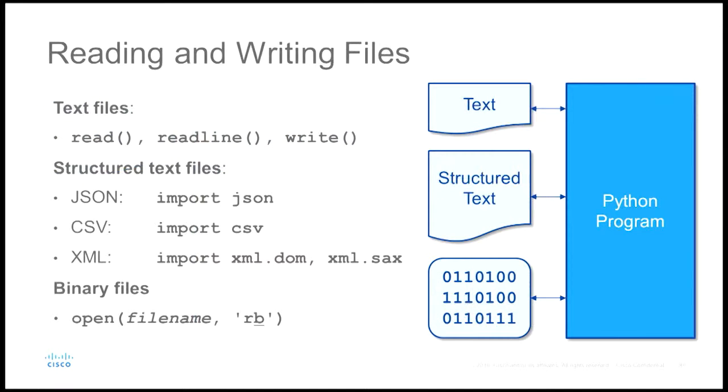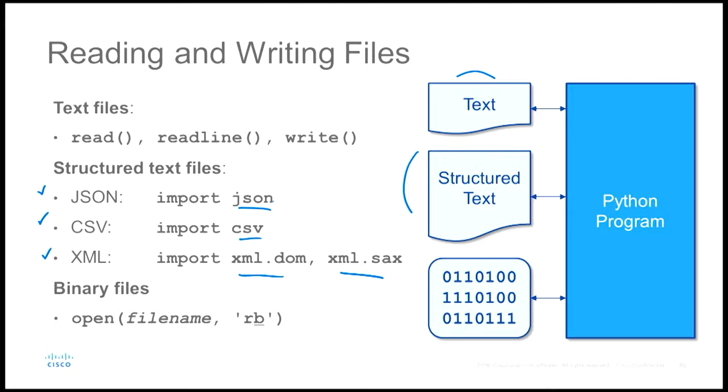So looking really closely at the first couple types of file, a text file has no structure to it whatsoever, but a structured text file does. You can use libraries such as a JSON library, XML library, and the CSV library that are available to you for automatically taking data from a file and importing it directly into Python data structures.